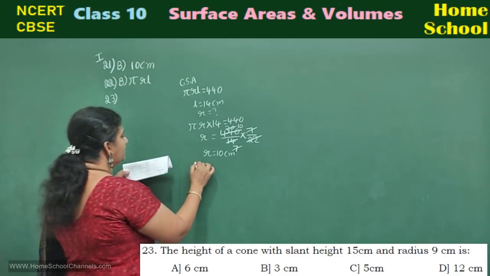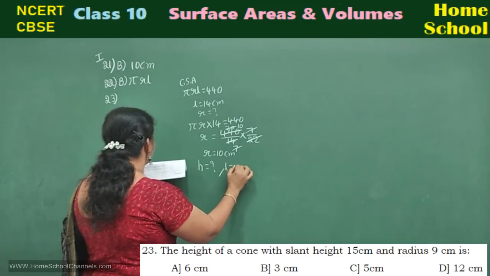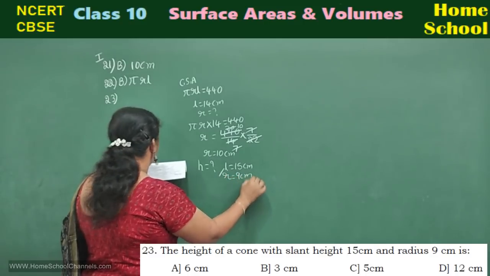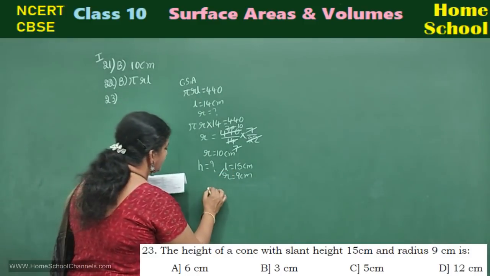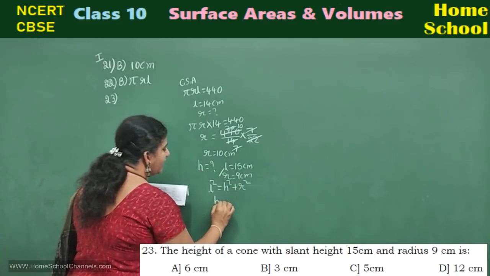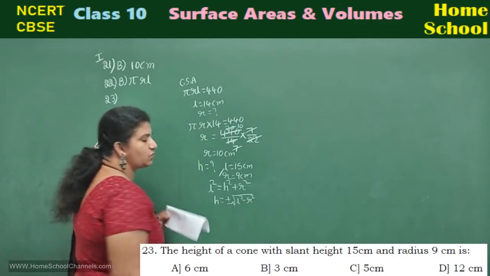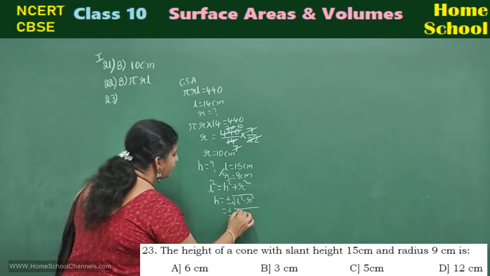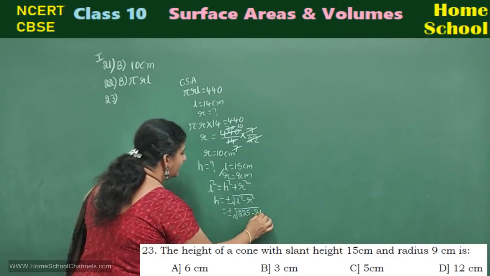23rd one, the height of a cone with slant height 15 centimeter and radius 9 centimeter is, observe here, height of a cone, height not given, and slant height is equal to 15 centimeter. Radius is equal to 9 centimeter. Find the height. If you know H, L, R, you know the relation, that is L square is equal to H square plus R square. You need H, right? H is equal to plus or minus square root of L square minus R square. Now substitute L and R value here. 15 15s are 225 and R value is 9, 9 9s are 81.